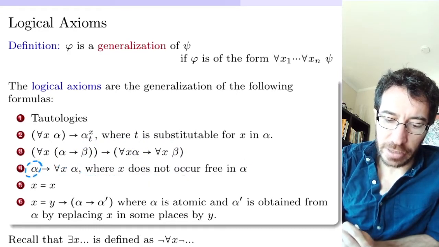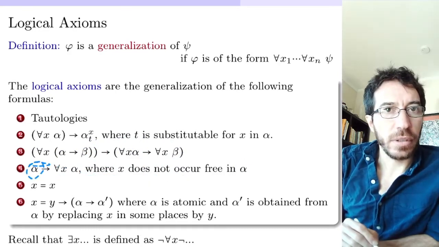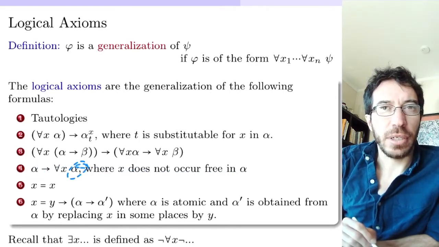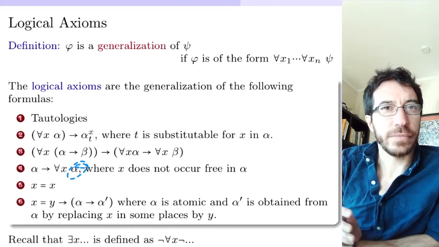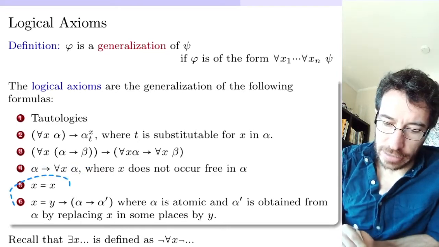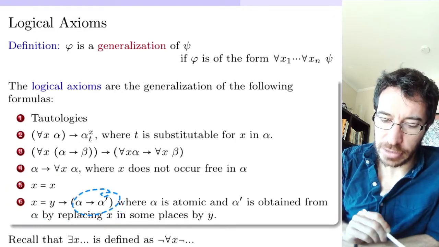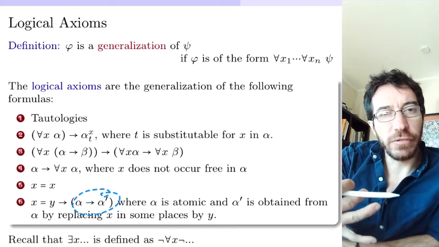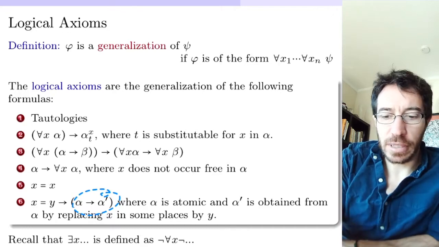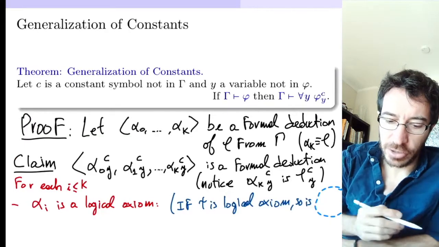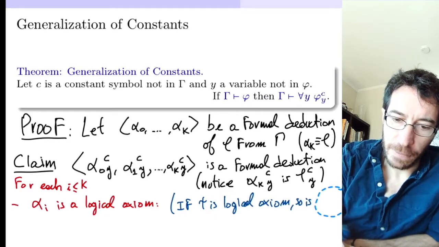So again, if you replace a constant by a variable here and another constant by a variable here, so long as you don't use the same variable, you're fine. And these two, nothing here and nothing here, so also you can replace the constant by a variable. So in all of these cases, if the previous one was an axiom, then you just replace the constant by the variable, and you still have an axiom. So then this one is okay.